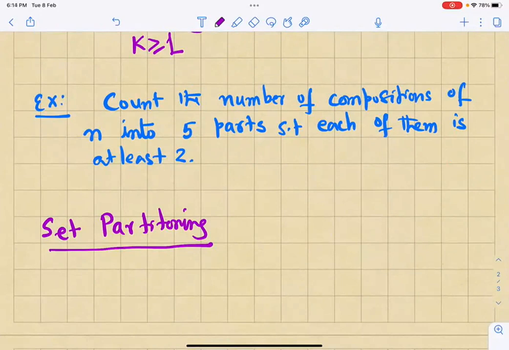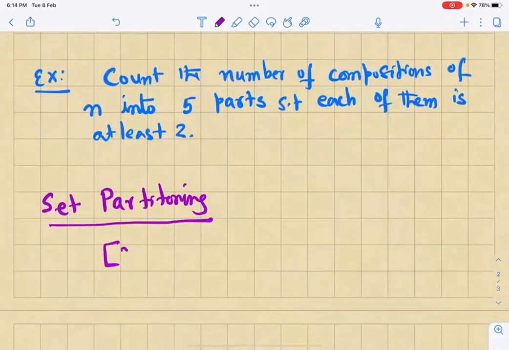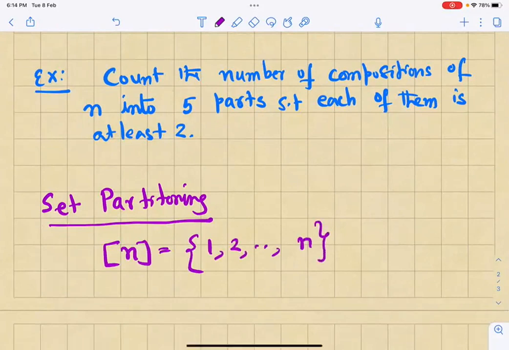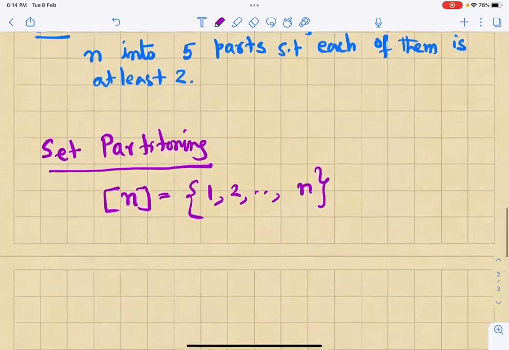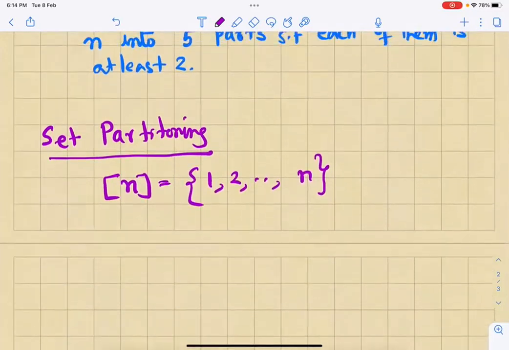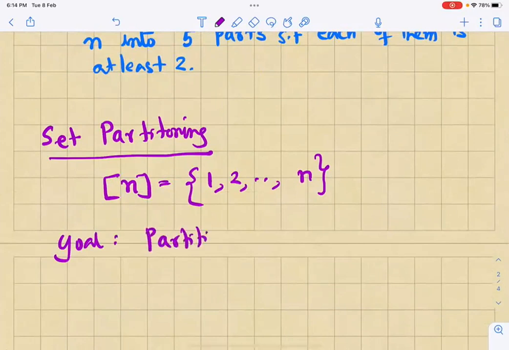So what is a set partition problem? You have a set, and this box n means the set of numbers 1 to n. They are distinct, of course. And the goal is to partition them into k sets.